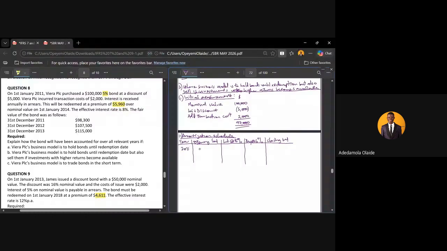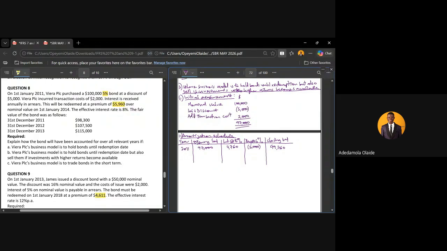So for year 2011, we'll start with 97,000. Interest will still be 7,760. We have paid 5,000. And the total will be 99,760. This is what it would have been if they only wanted to hold to collect.